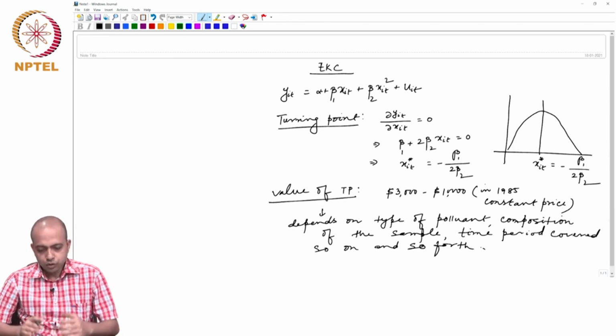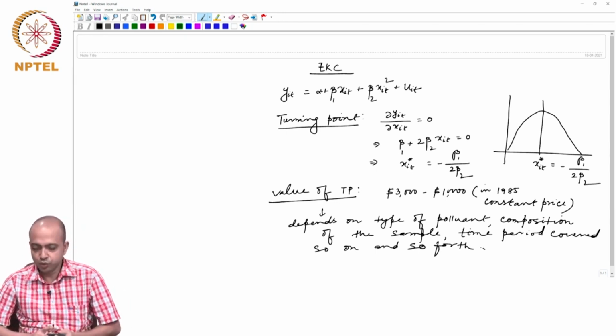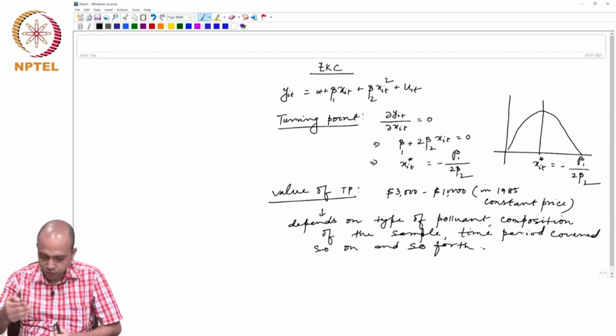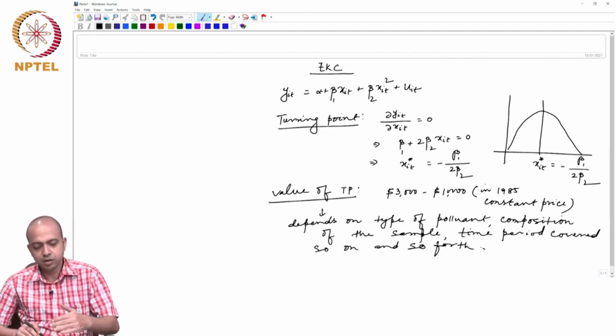Okay. So, depending on what type of pollutant you use, what is the composition of your sample countries, and what is the time period that you covered, these factors will basically determine the value of the turning point, right.